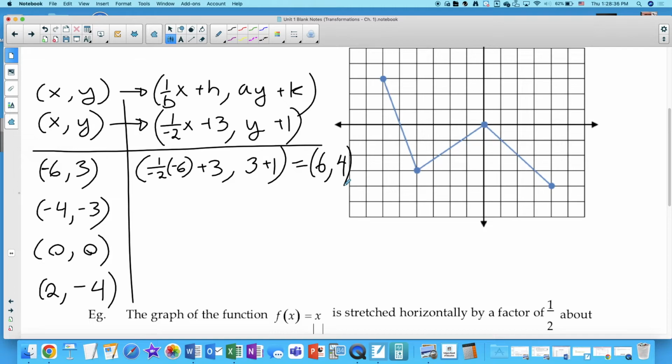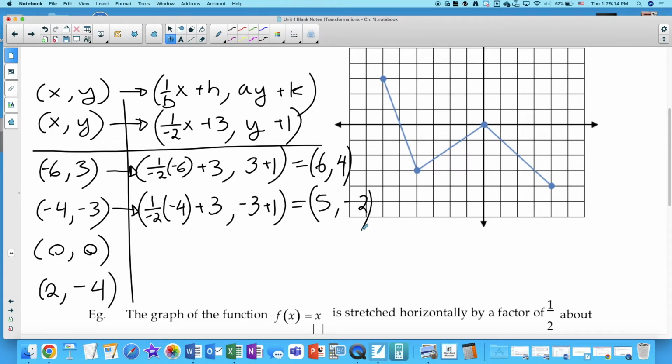Okay, next, negative 4, negative 3. So this will map to 1 over negative 2 times negative 4 plus 3, comma, negative 3 plus 1. Which is, let's see, that's 2 plus 3 is 5. And then negative 3 plus 1 is negative 2. Okay, 0, 0, that's nice because we don't have to worry about the stretch or reflections.